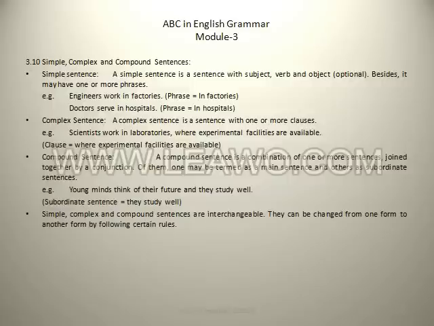Besides, it may have one or more phrases. Example, engineers work in factories. In factories is the phrase. Doctors serve in hospitals. In hospitals is the phrase.